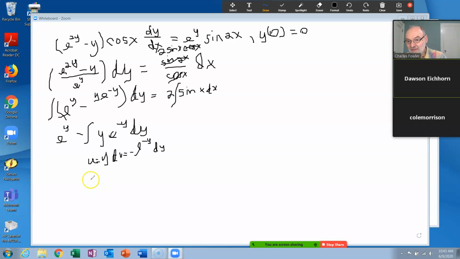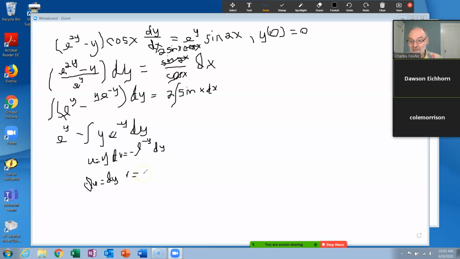Okay? Then you integrate this one, differentiate this one, and you got du is equal to dy, right? I'm doing too much talking now because we're running out of time. And when you integrate this one, you get v is equal to, and you never put constants in here, okay?